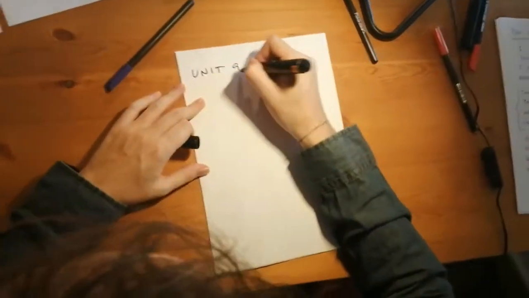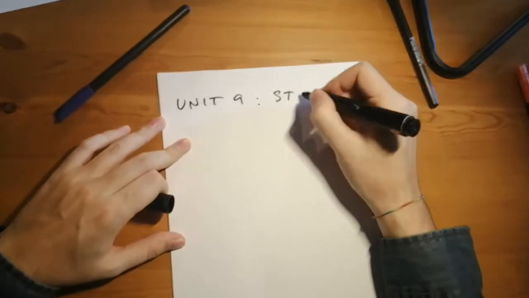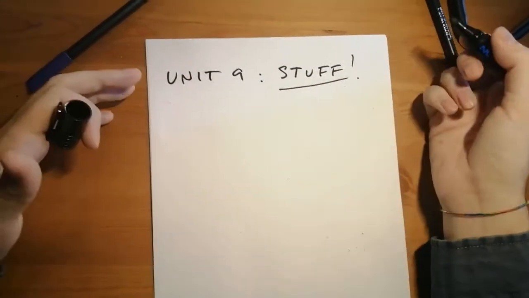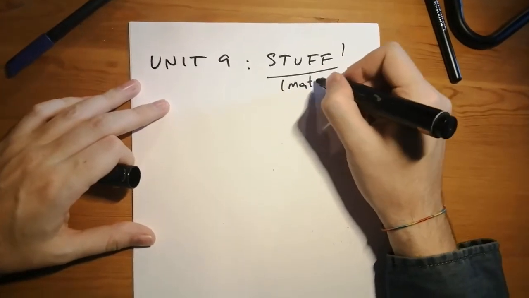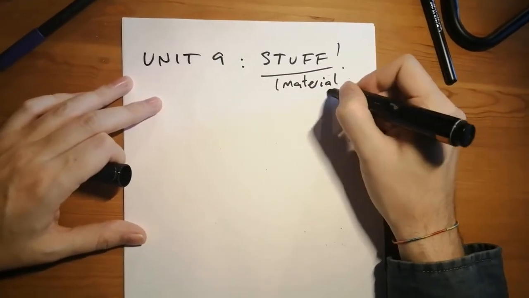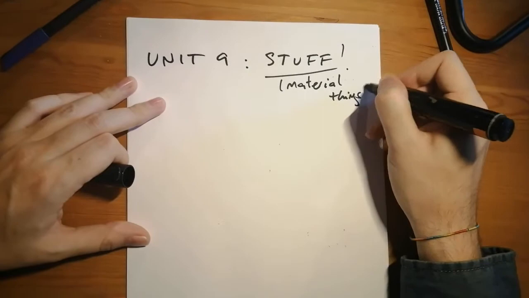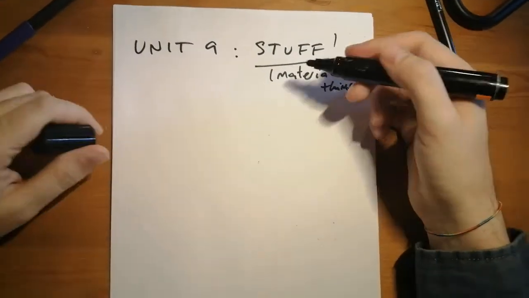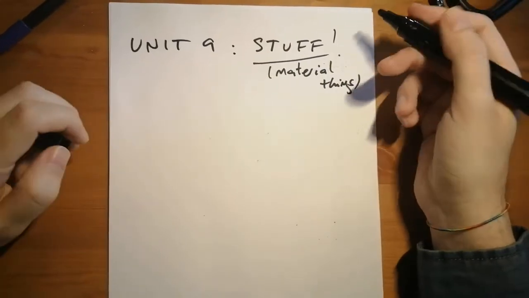So, as I said before, if you go to Unit 9, it is called stuff. Stuff means the material things, right? Imagine that you are going to move house and you have to think about your vinyls, your books, your CDs, your clothes, your bike, everything.